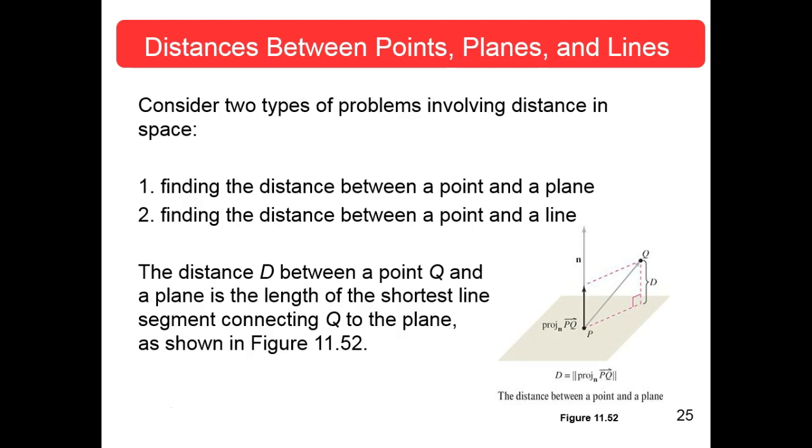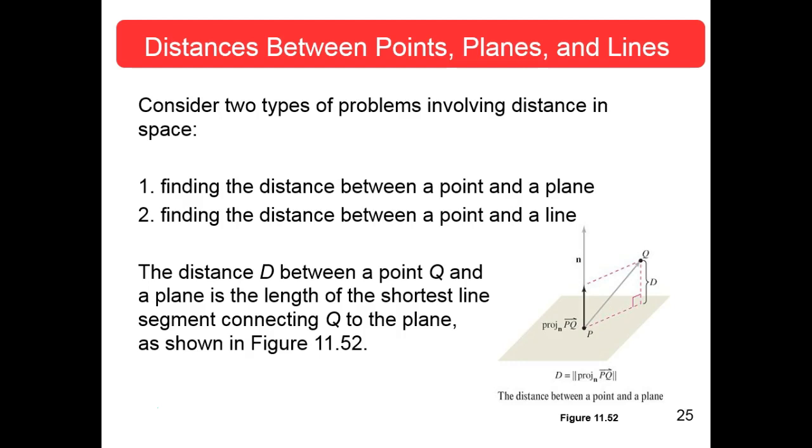Now, I'm trying to remember if we did these projections. I guess we did. Yeah, we did it with dot products. That D is the magnitude, because it's always positive, of the projection of PQ onto the vector N. Basically, to make it simpler, this has to be a perpendicular distance.